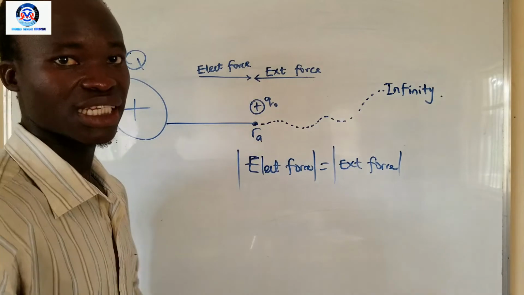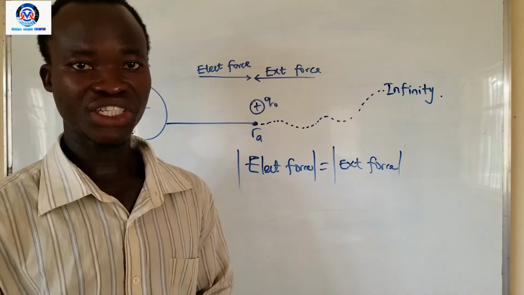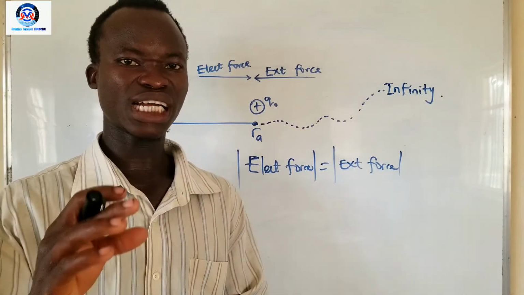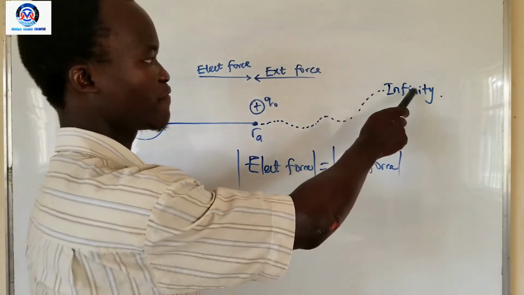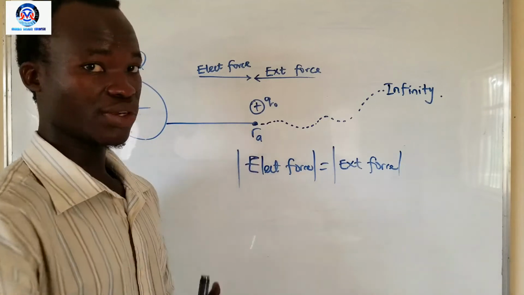And don't forget that we define the electric potential energy of a charge to be the work required, or the work that must be done on the charge, to bring the charge from infinity to a point Ra against an electric field.